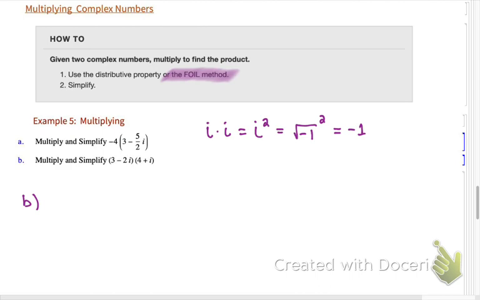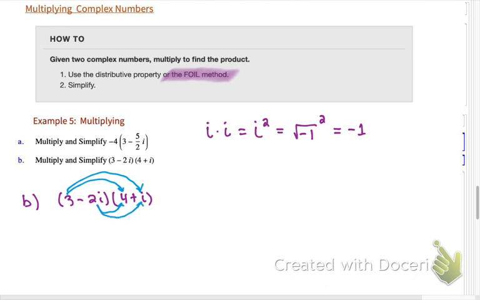Okay, so now let's go ahead and multiply these two complex numbers, 3 minus 2i and 4 plus i. And again, we're just going to be using that FOIL method. So 3 is going to multiply by both 4 and i. And the negative 2i is going to also multiply by 4 and i.